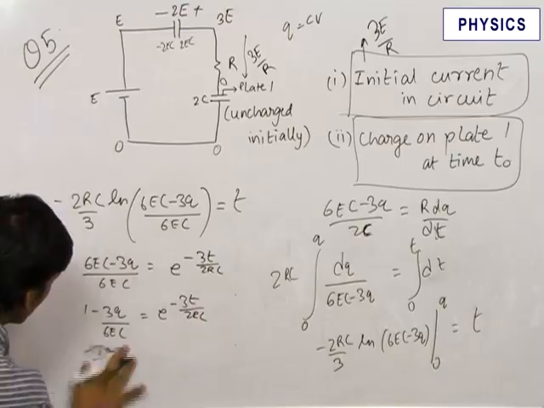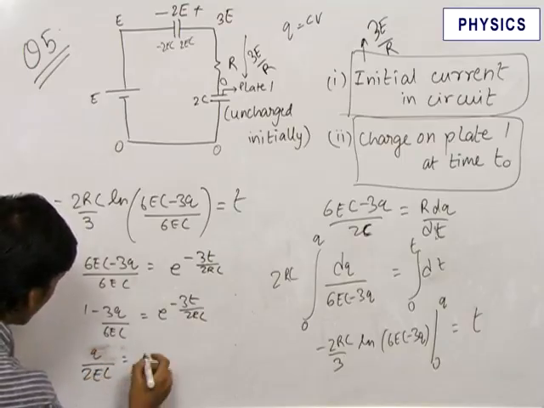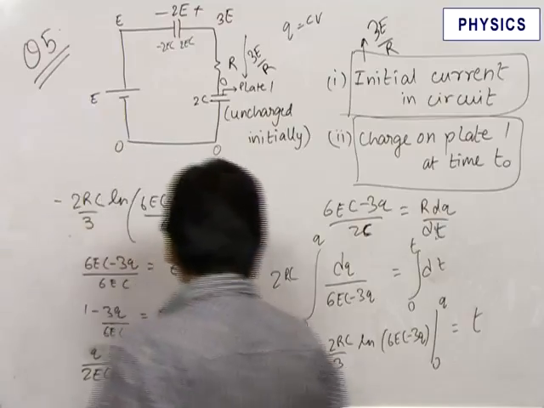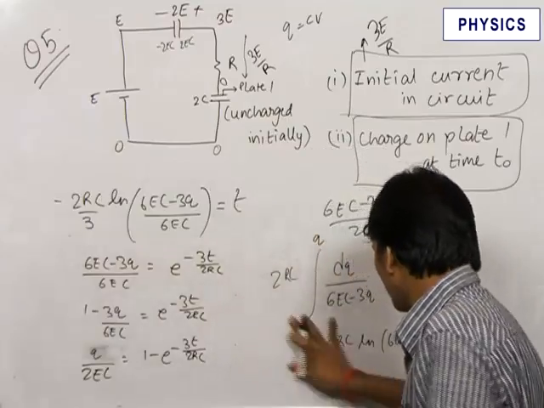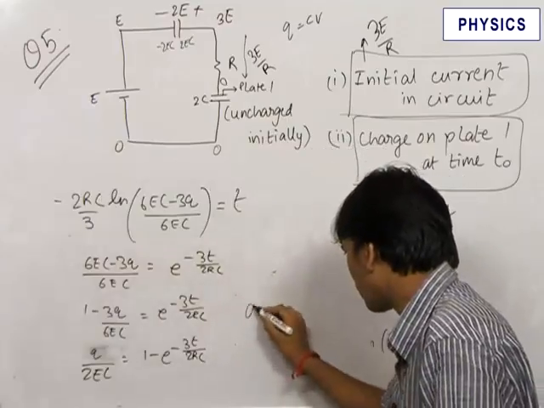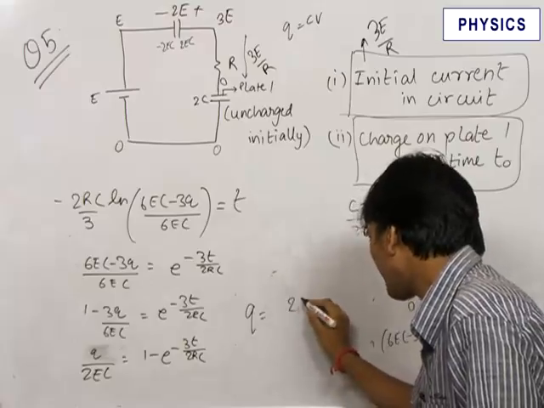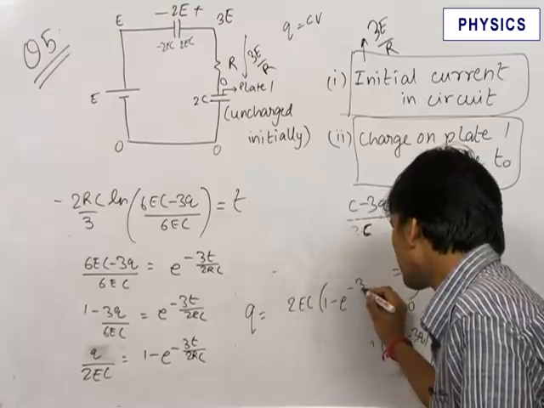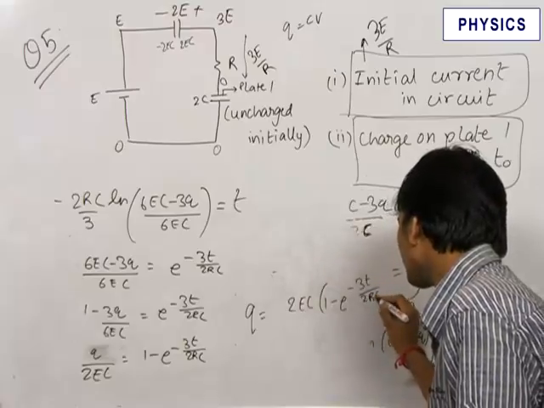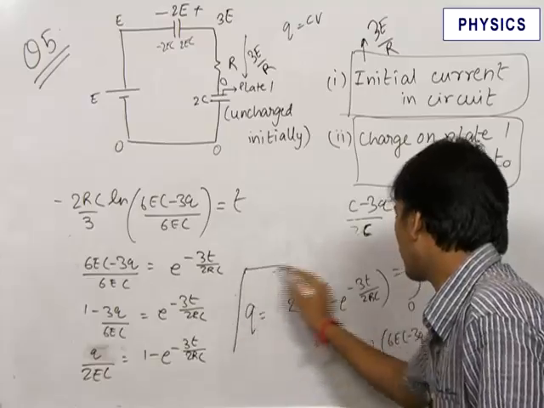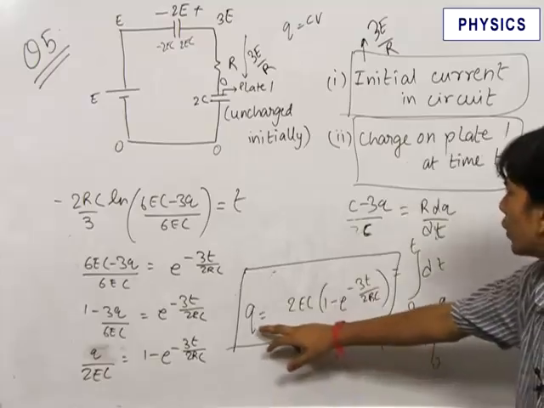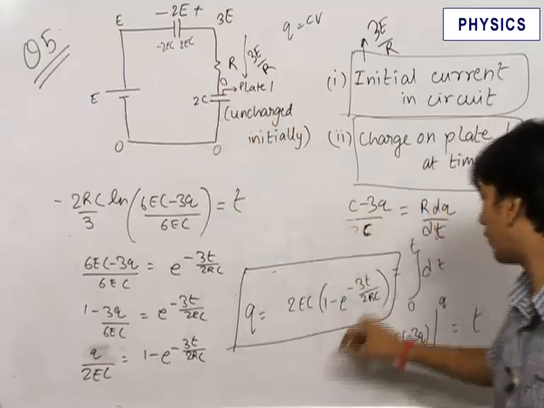So Q upon 2EC is equal to 1 minus e raised to the power minus 3t upon 2RC. Therefore we get the value of Q as Q equal to 2EC times (1 minus e raised to the power minus 3t upon 2RC). And this is the final expression for the charge Q on the plate after time t.